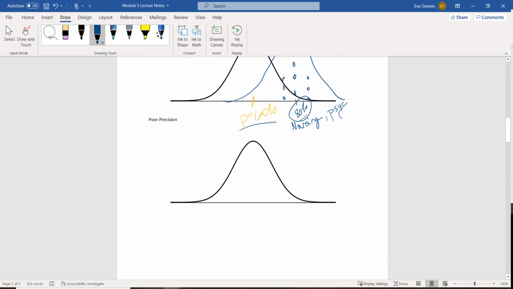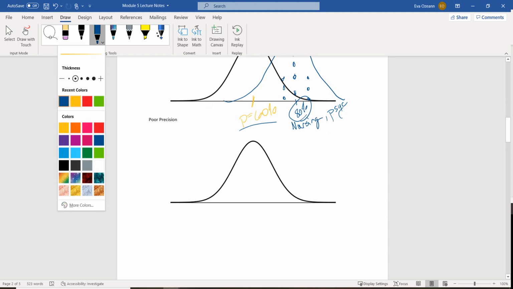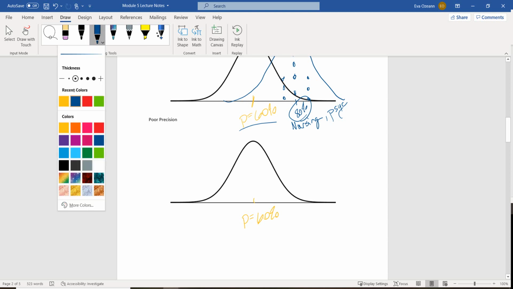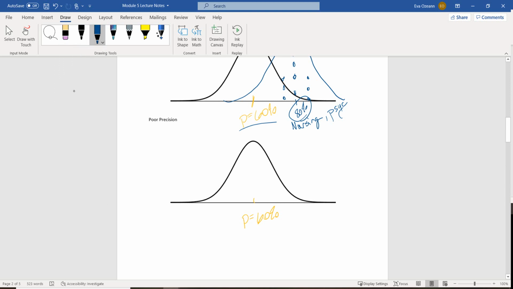Now, poor precision is going to be values that are all over the place, but kind of hover around the true population. Remember, the percentage of females in college is 60%. Okay? Now, let's say that instead of looking at courses that everybody needs to take, we only look at advanced courses.